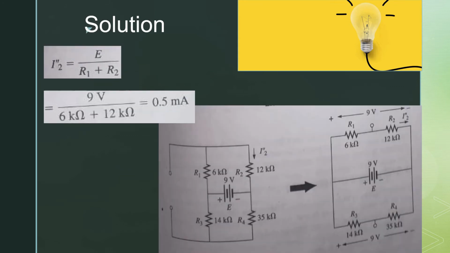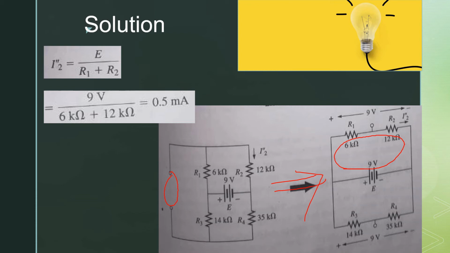In the second part, we consider the voltage source and remove the current source. When we remove the current source, we replace it with an open circuit. When we redraw this circuit, you will get the circuit of this form. Now you will see that this part of the circuit is basically in series.